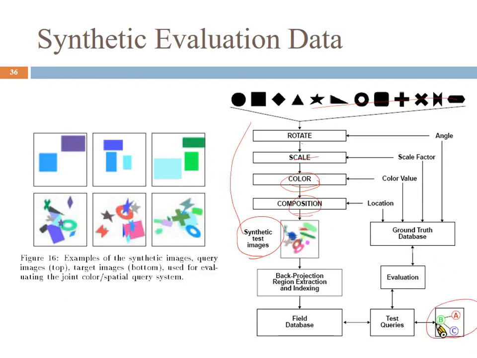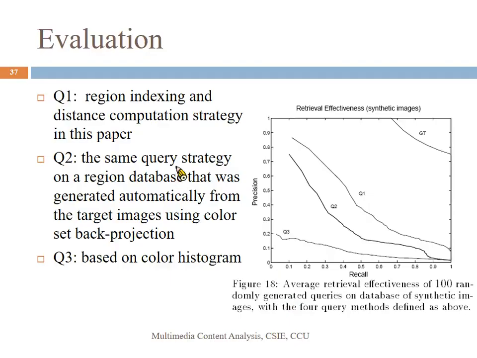So given a multi-region query, we can quantitatively measure the distance between the query image and the database image, so that we can obtain a quantitative evaluation value. So here is the evaluation value.